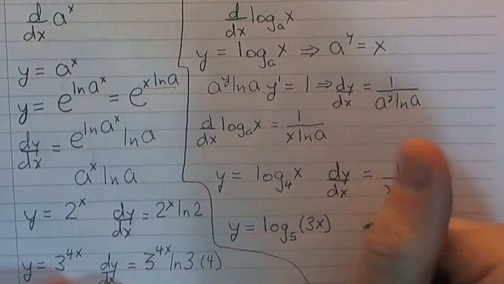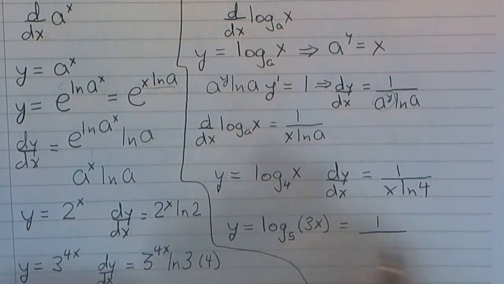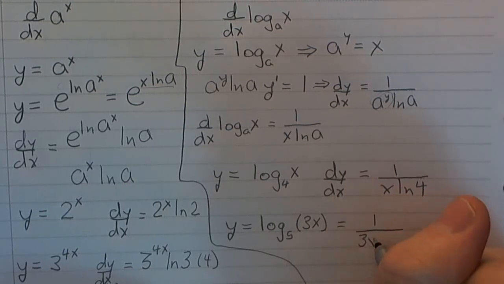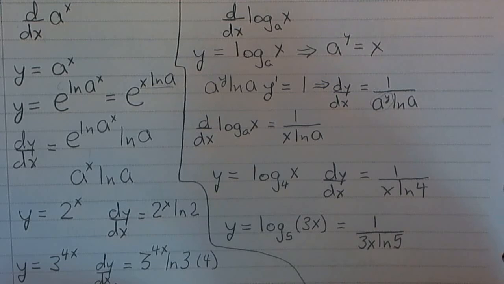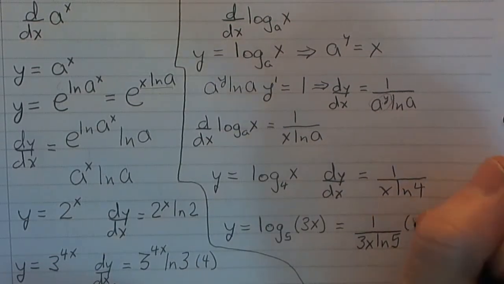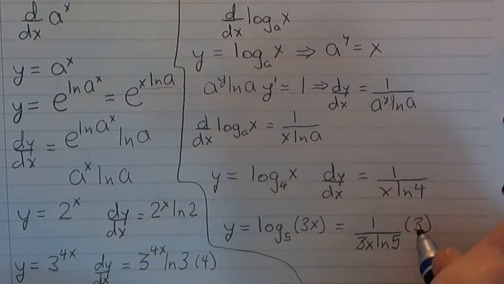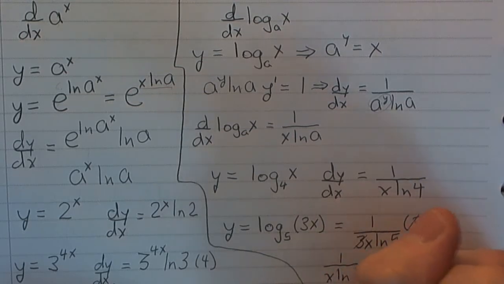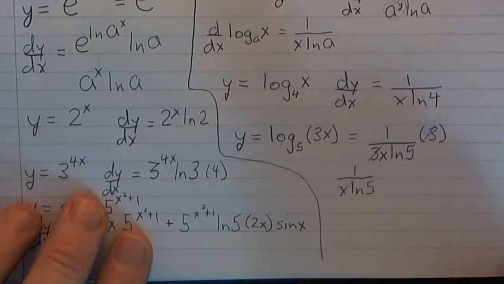Well, this is going to be 1 over, now, you got to be careful, 1 over 3x log 5. But you've got the chain rule, so I need to multiply by the derivative of the inside. Multiply by the derivative of 3x. And these 3's cancel, and you're just getting 1 over x times log 5. Okay, there you have it.